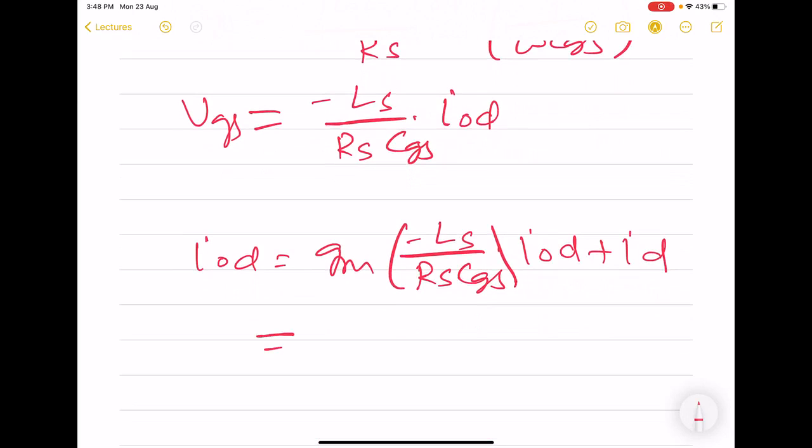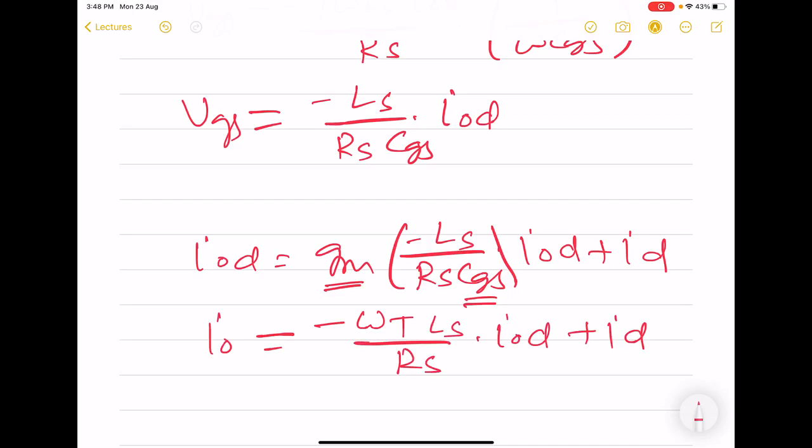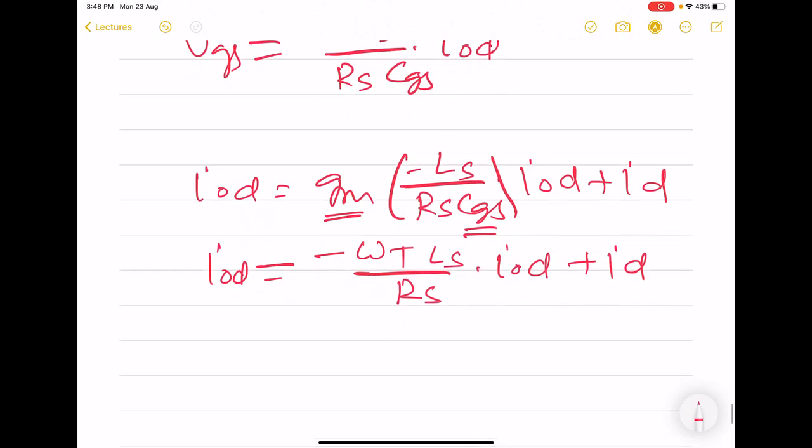Now we see that this GM and CGS can be combined to write omega T, and Ls and RS will be there as usual. All these things are being done for the match case.